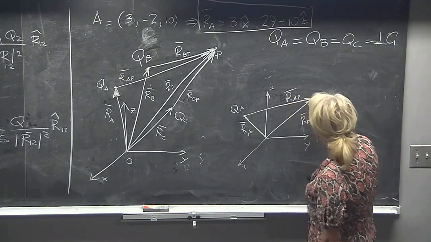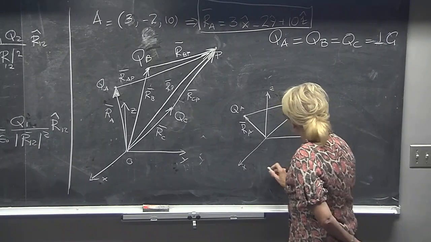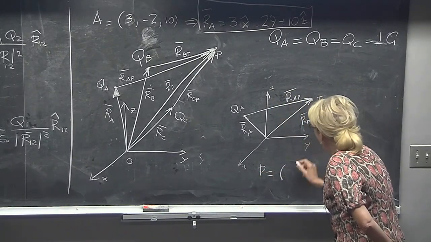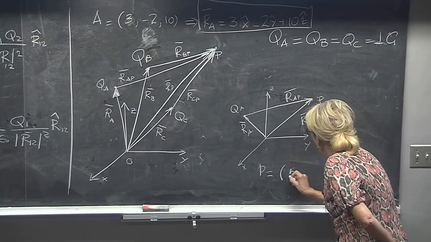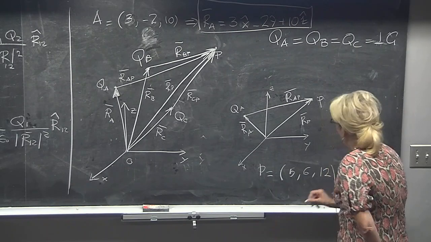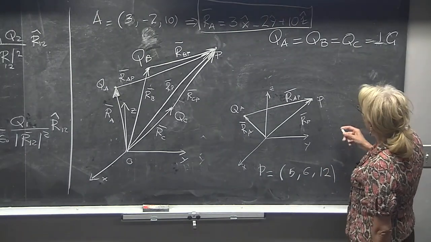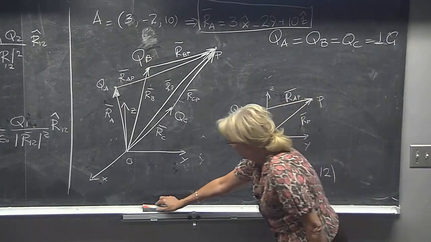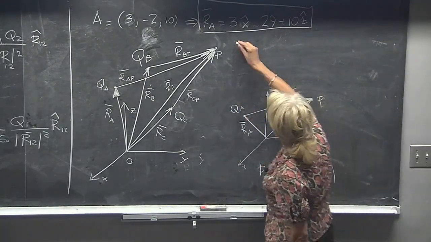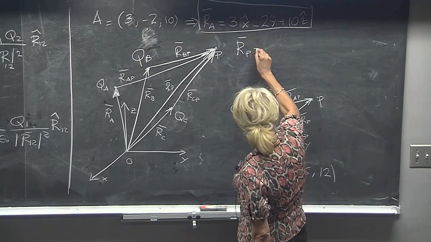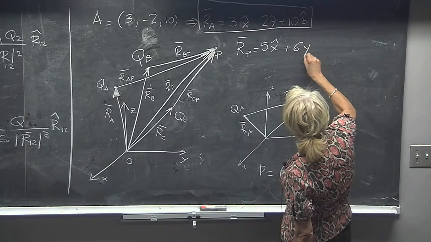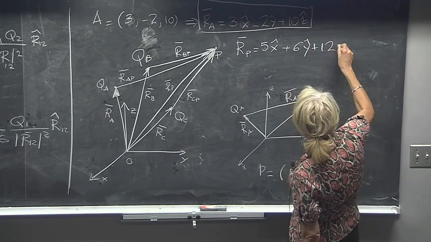And then let's assume that point P was X 5, Y 6, and 12. All right? Then in that case, R sub P, you remember that, would be 5X plus 6Y plus 12Z.